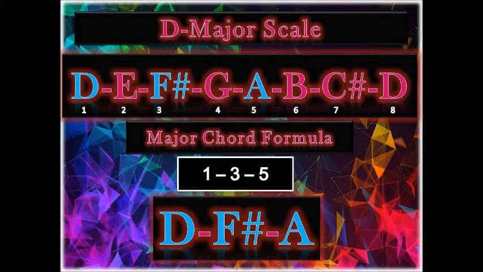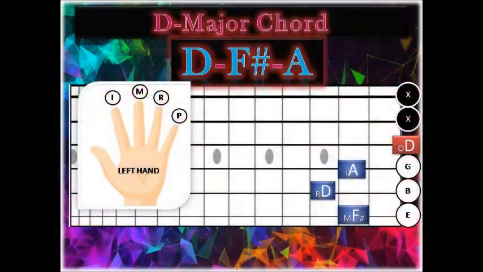Now, it's time to see the D major chord representation on the guitar fretboard. Starting from the 6th string, you can see I have put a cross at the start of the string, at the position where we usually mention our open notes. When we write a 0 at the start, it means open string, which means we don't have to press down at any fret.